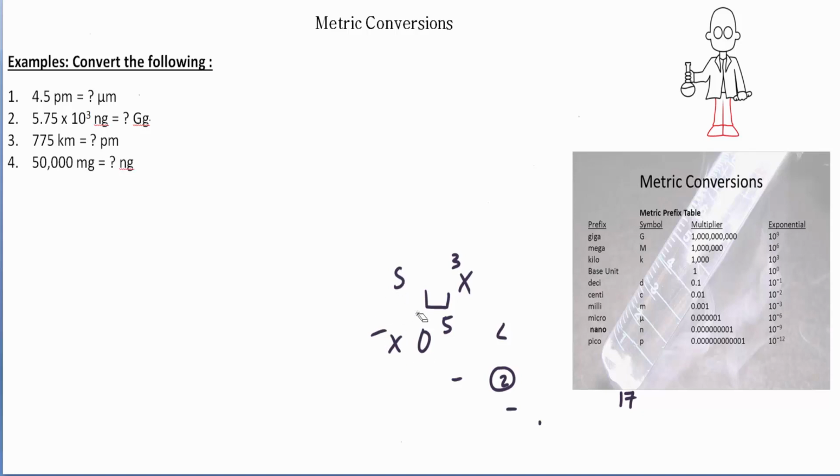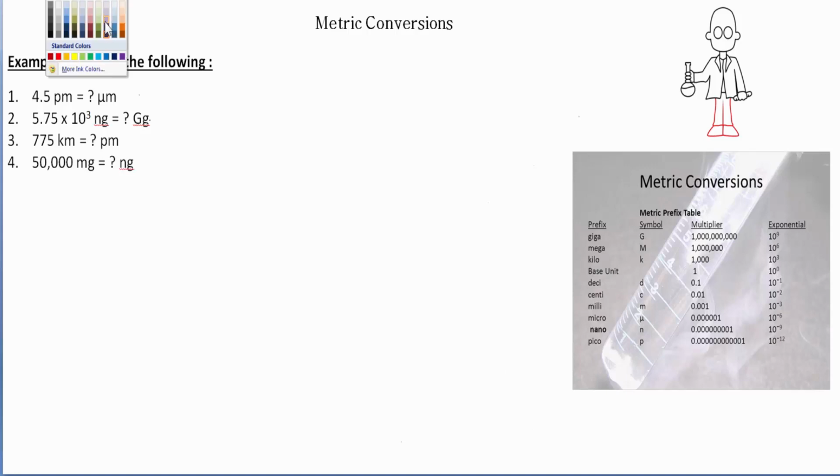And we're going to go from micrograms to nanograms. So let's go ahead and say we're going to go from the unit of microgram to gram, from gram to nanogram.